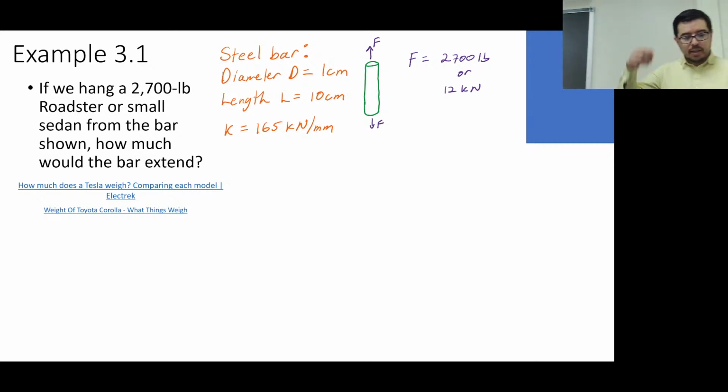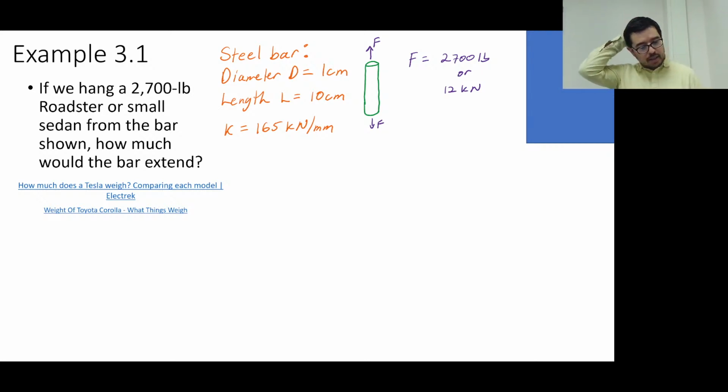let's say that we hang a 2,700 pound roadster or small sedan from the bar shown. Now, would you really do this? Probably not, but the people in the garage that are jacking your car up, they might have a post or a hollow tube that's been pressurized hydraulically to support your vehicle, okay?